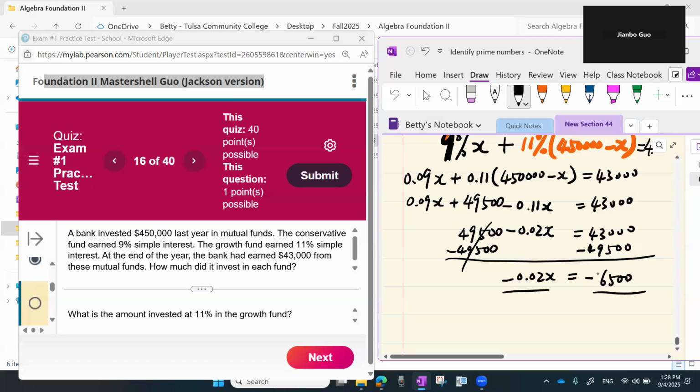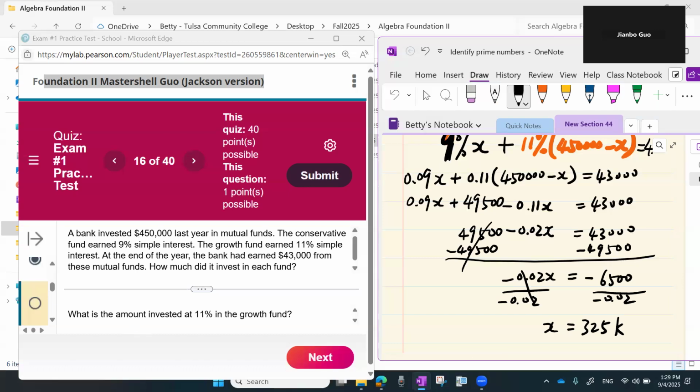And divide each side by negative 0.02. We have 325K. That's how much they invest in the conservative fund.